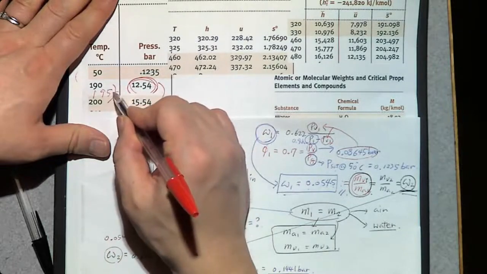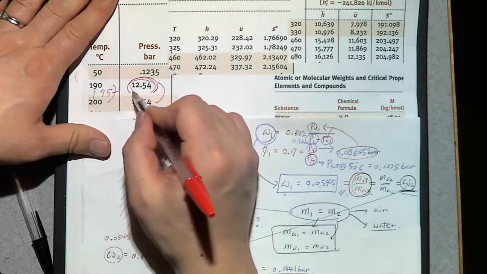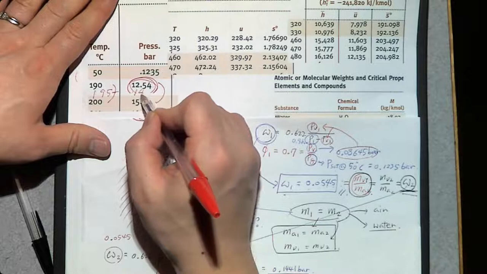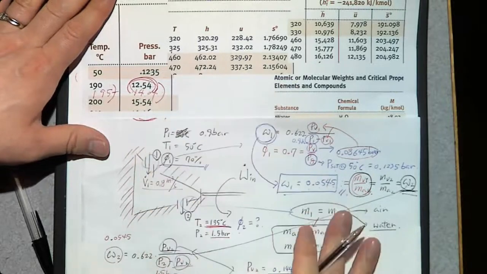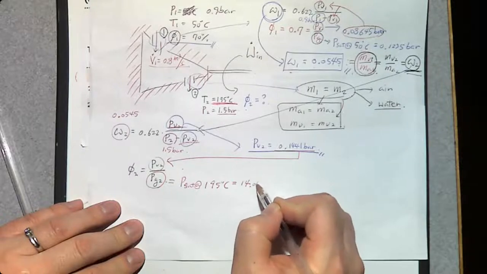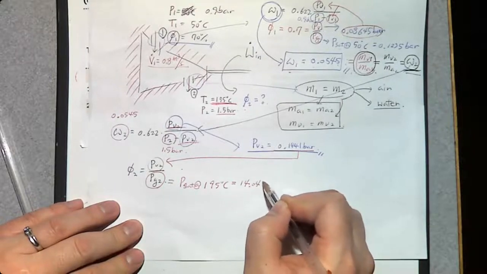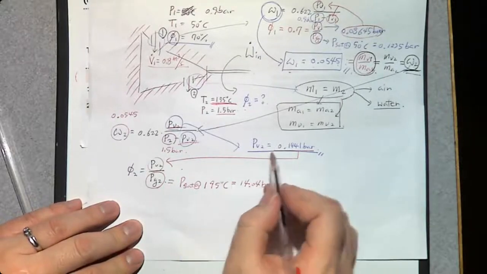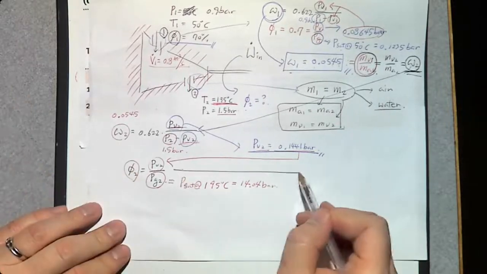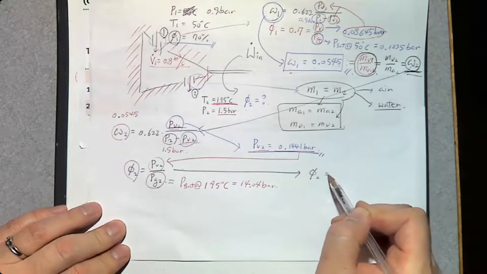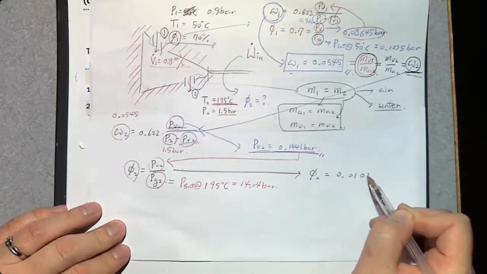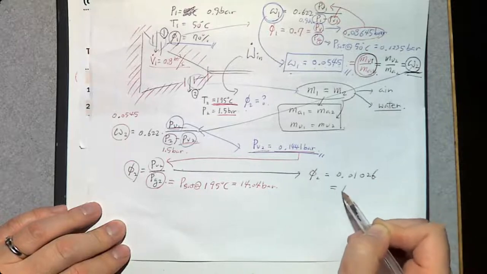That is right in the middle, so let's take the average. So P sat at 195 is going to be 14.04 bar, and we have PV2. So we can evaluate phi 2, which is 0.01026, approximately 1%.